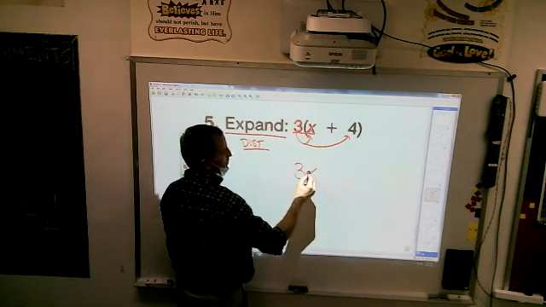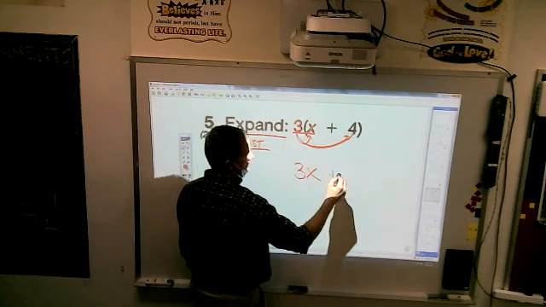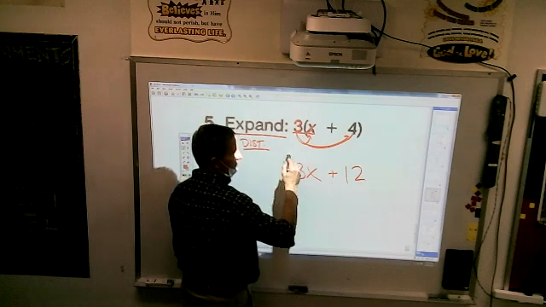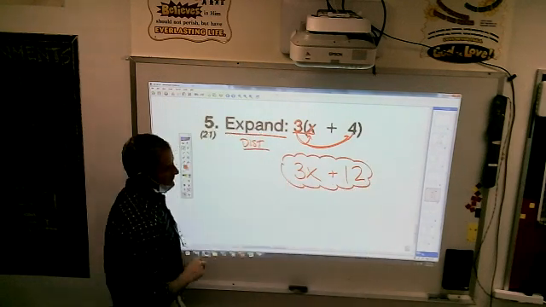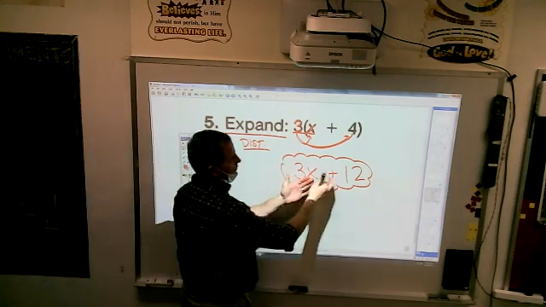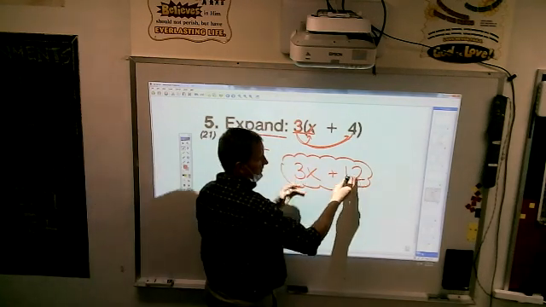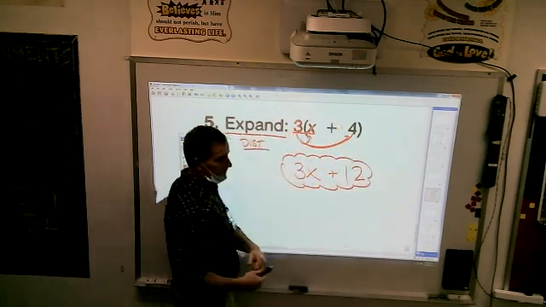It's just 3x. What is 3 times 4? 12. When you do the distributive property and you can't put those together, you're just getting rid of some parentheses. That's all you do. The reverse of that, if you're taking something out, is called factoring. If you're factoring, you start with this and end up with this. If you're expanding, you start with that and end up with that.